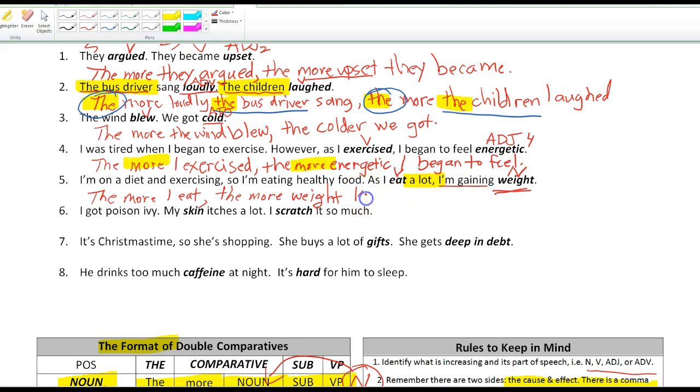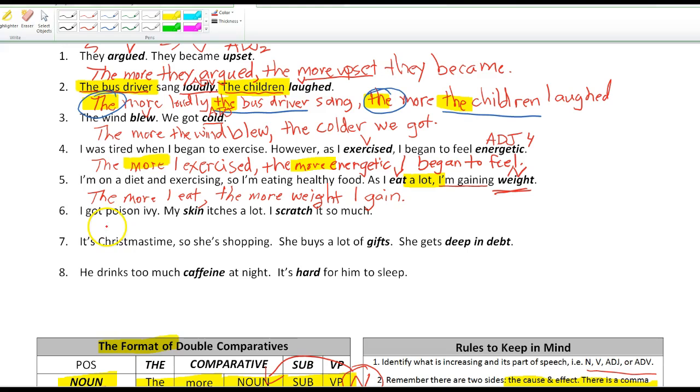I'll just use that. I'm gaining. The more I eat, the more I'm gaining. But what we want to do is say this happens anytime. So I would probably get rid of that grammar. And I would just say, the more weight I gain.